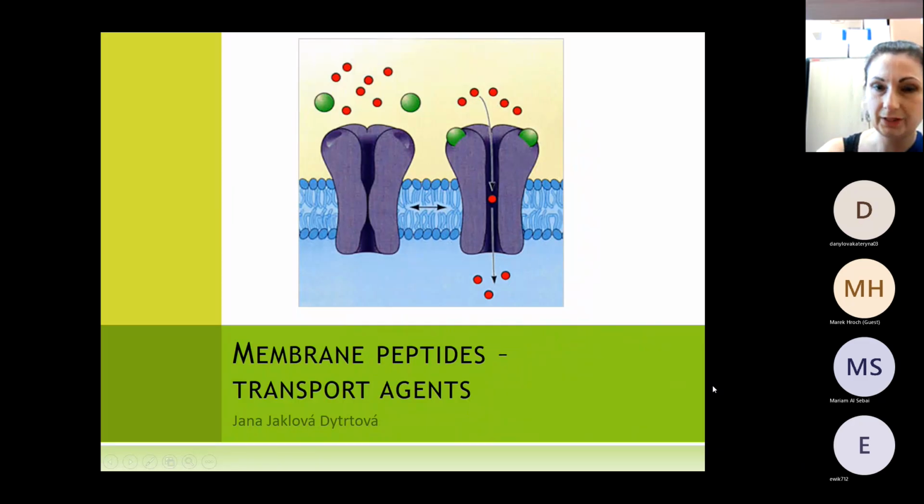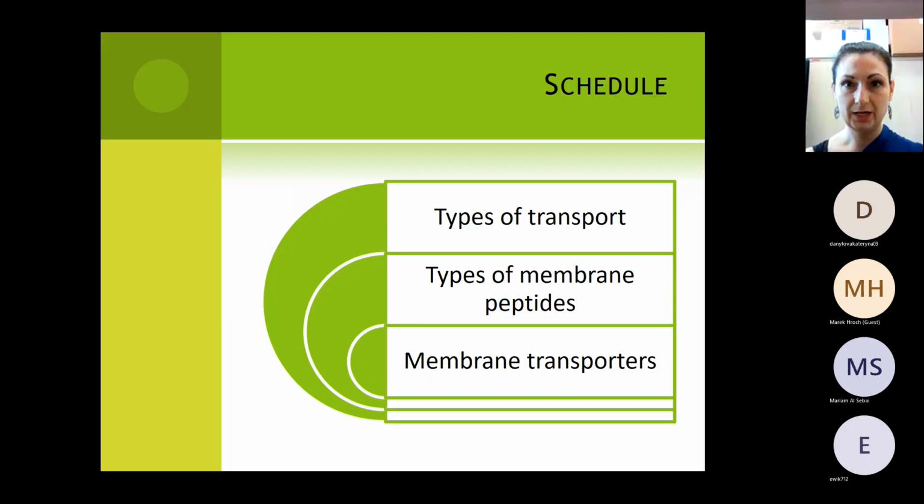Today, membrane peptides and transport agents. In general, we are going to talk about the transport via plasma membrane using passive diffusion, facilitated diffusion and using active transport. So these three we are going to mention.